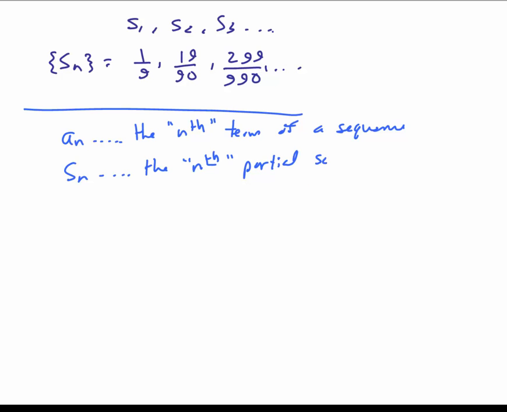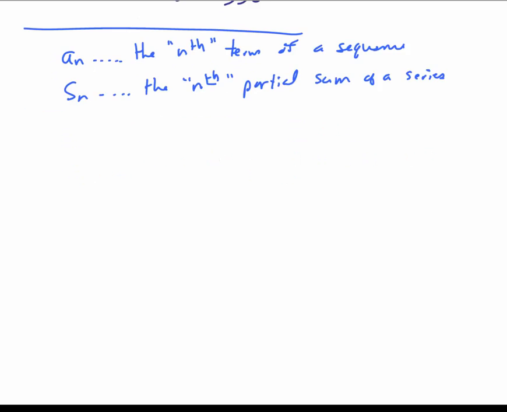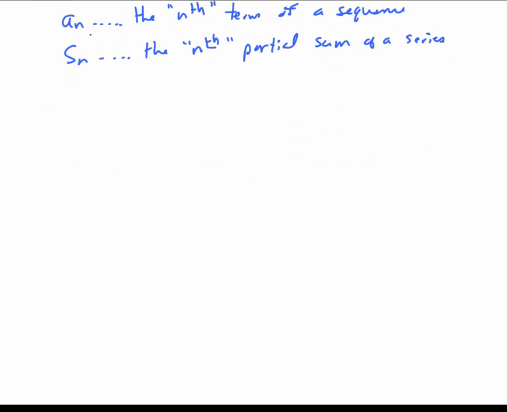The nth partial sum of a sequence. And we should probably say series here, because series is when I'm adding up the terms. So be careful when you're working through your homeworks and in my math lab and on your handwritten homework and exams. Are you looking at a sub n, the actual term, or are you looking at s sub n, the sequence or the partial sum for that particular series?